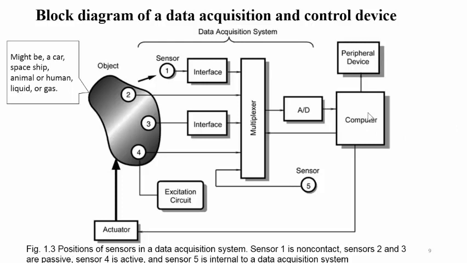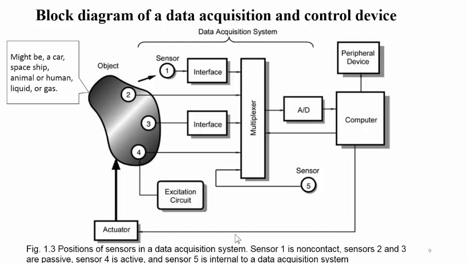The AD converter will convert the analog signal to digital, because the next block available in this particular data acquisition system is the digital computer, which is responsible to take the information in digital form. So AD conversion is responsible to provide the data in digital form, and in response to this the computer will give the handshaking signal, through this particular arrow, towards the multiplexer. It is nothing but the handshaking signal to indicate the data has been received by the computer.